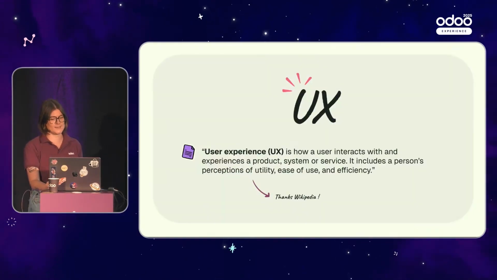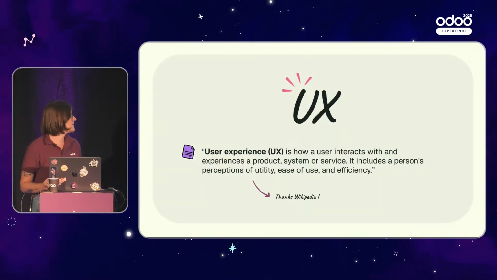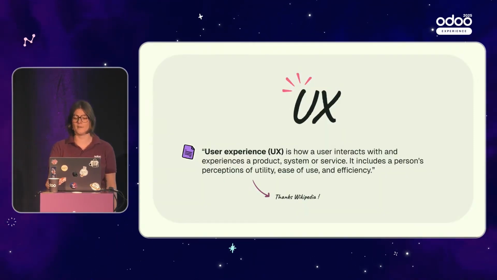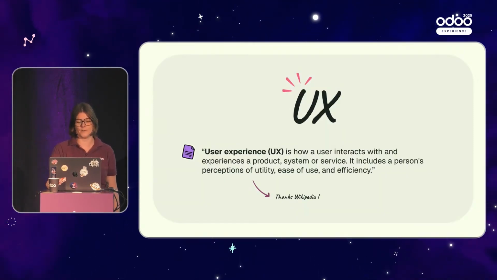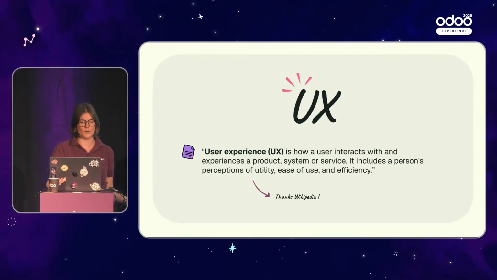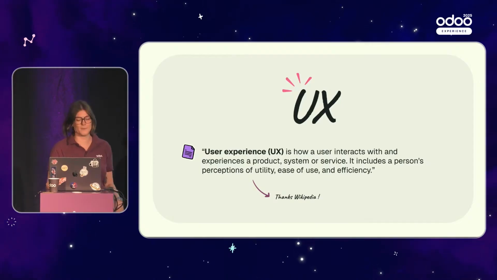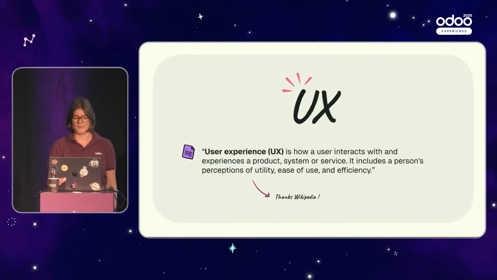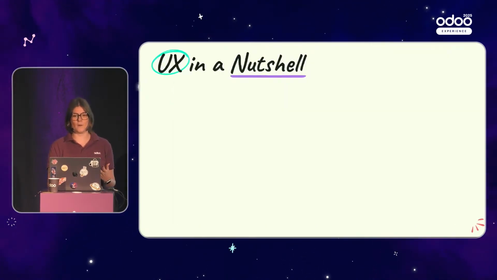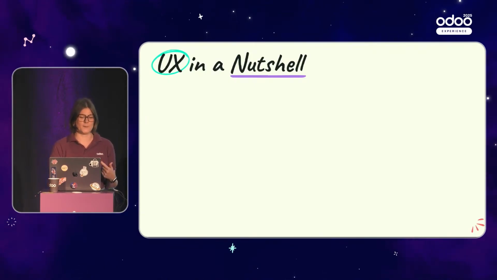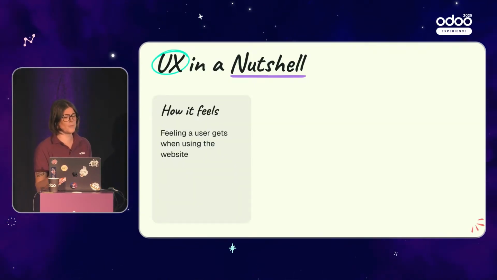So, UX, short for user experience. It is how a user interacts with and experiences a product, system, or services. It includes a person's perception of utility, ease of use, and efficiency. So thank you, Wikipedia, for the description. So in a nutshell, what is UX, so user experience? It is how it feels.